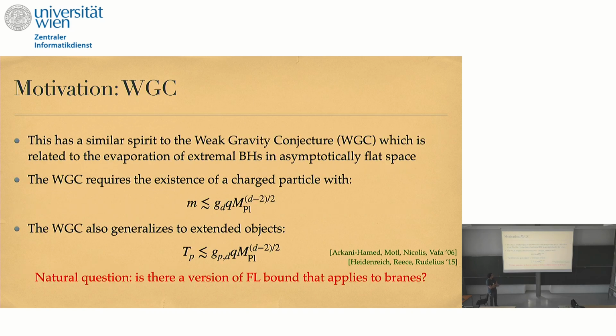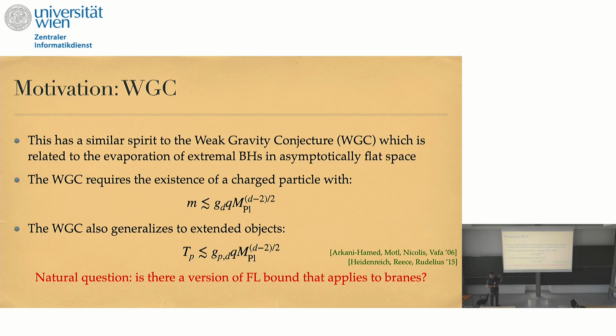The weak gravity conjecture, however, readily generalizes to extended objects, and this was done very early on too. It also places an upper bound on the tensions of extended objects by similar arguments. If Festina Lente is really to be the counterpart of weak gravity for these large black holes in de Sitter, then a very natural question to ask is: is there a version of Festina Lente that also applies to branes?